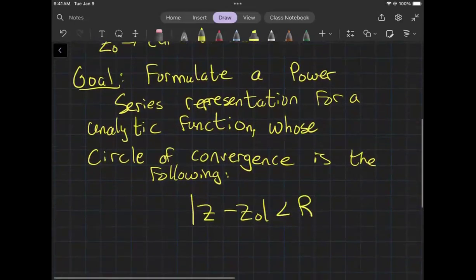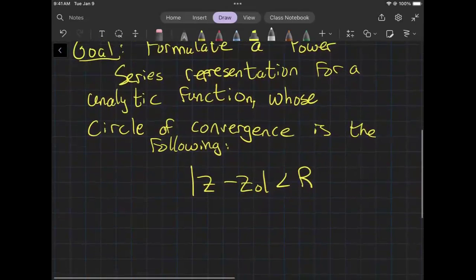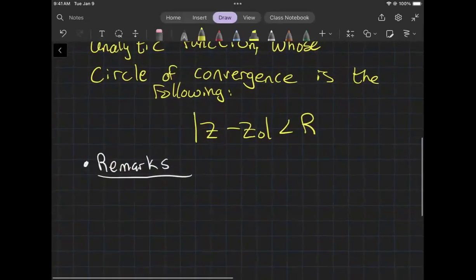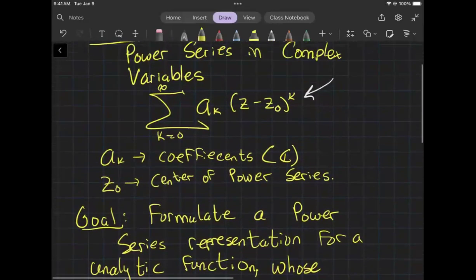A couple of remarks about power series. As you notice, the formulation of a power series is just a polynomial. So you can differentiate or integrate a power series term by term, and it will still yield the same circle of convergence.